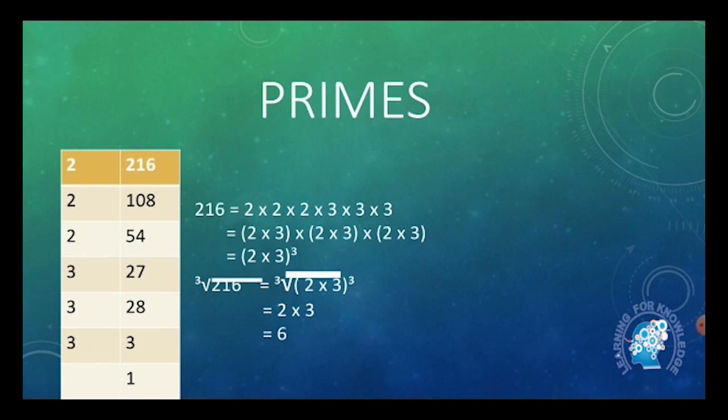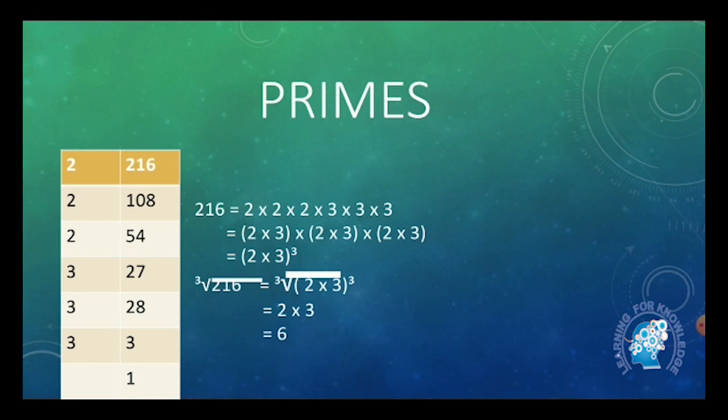Okay, now we will write 216 under cube root, that will be equal to 2 multiplied by 3, cubed, under the cube root. In square root, the power of the square root is 1 upon 2. But in cube root, the power of the cube root is 1 upon 3.